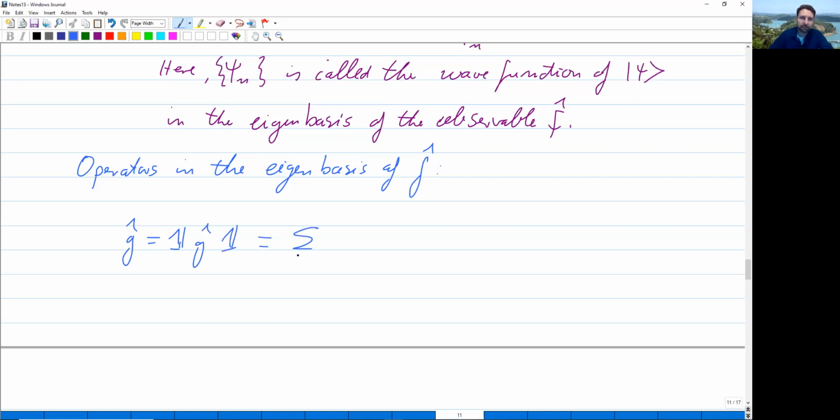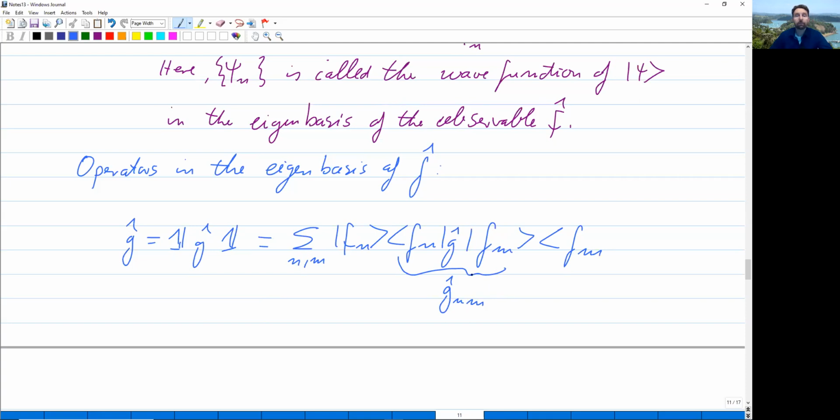We can write this as the sum over n and m, and then resolution of the identity, fn, g hat, fm, fm. These are the matrix elements of g hat in the basis of the f hat.